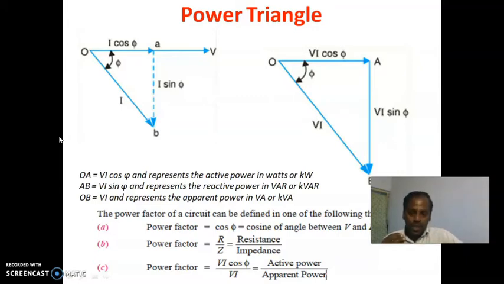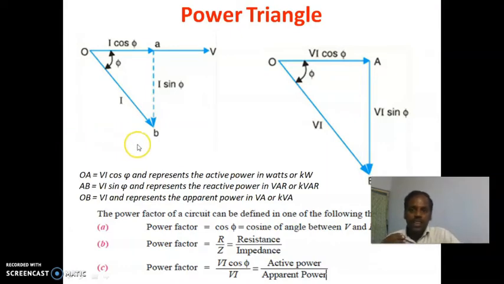The reactive power is the power converted into electromagnetic field or electromagnetic flux. So this reactive power is used to generate the magnetic energy. The reactive power is related to energy, and active power is related to energy per unit time.